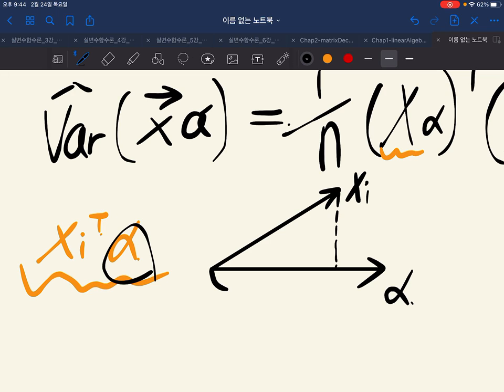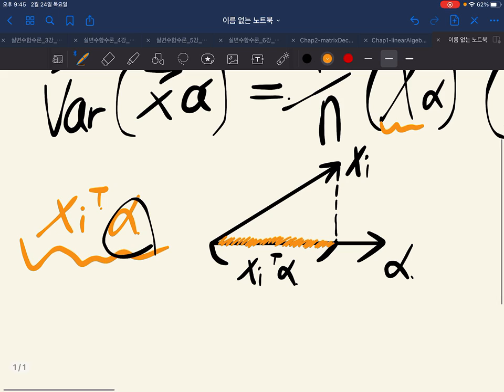So this inner product can be understood as a scalar projection of the xi vector onto the alpha direction.